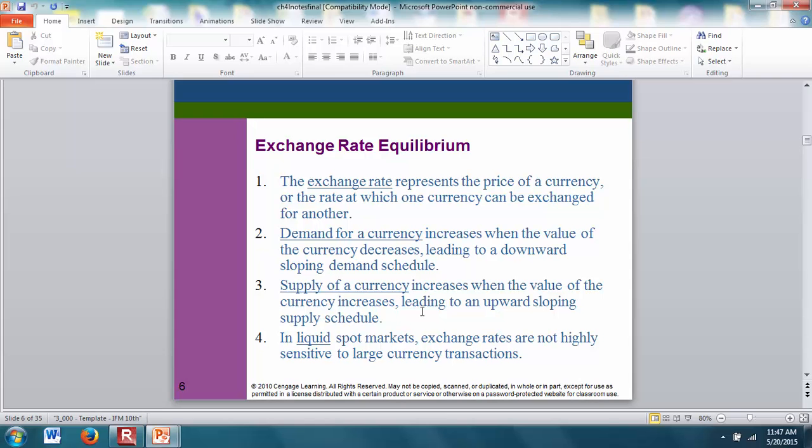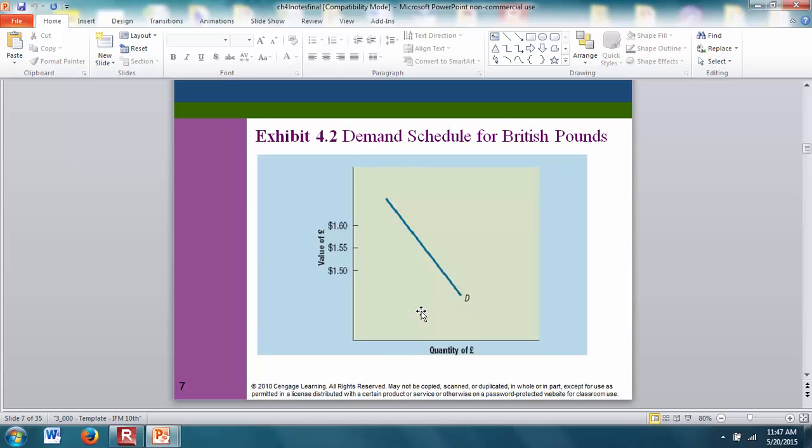In liquid spot markets, exchange rates are not highly sensitive to large currency transactions. A big trade, such as somebody selling 100 million pounds or $100 million, should not have a big impact on the exchange rate when the volume of the currency is very large and the markets are very liquid.